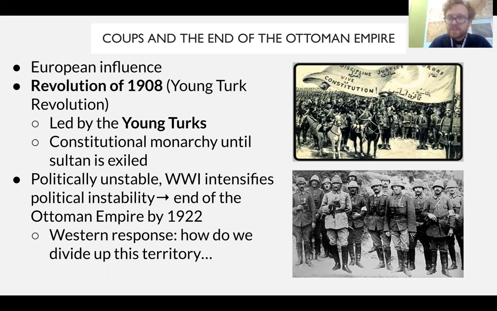And they are going to say, we need to modernize this country if we want to keep it afloat. We need to get rid of an outdated institution, the Sultan. So these westernized military nationalists, they are called Young Turks.